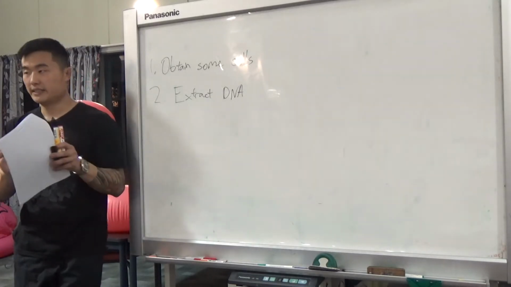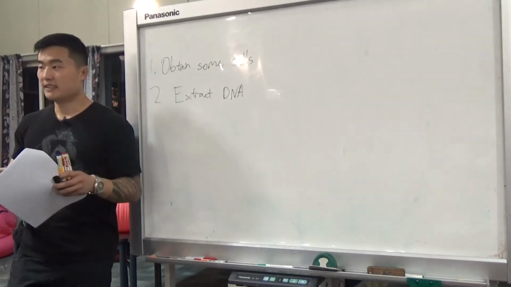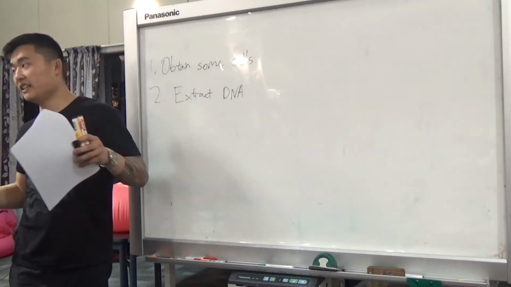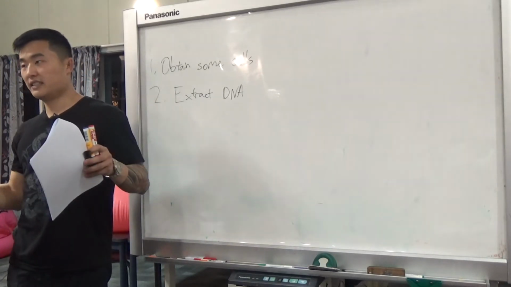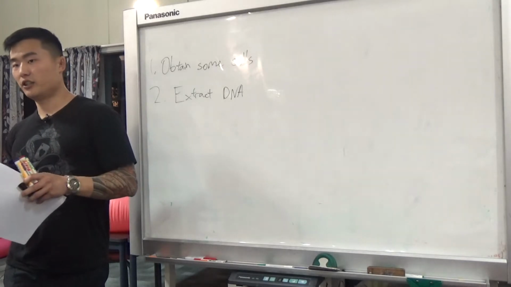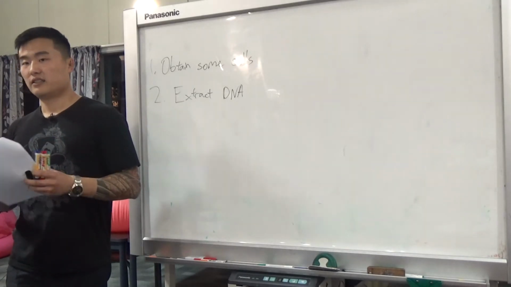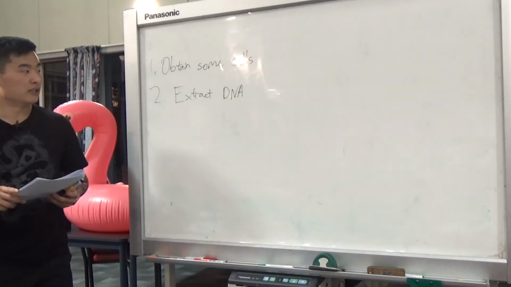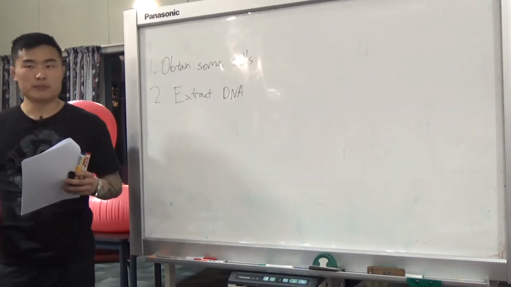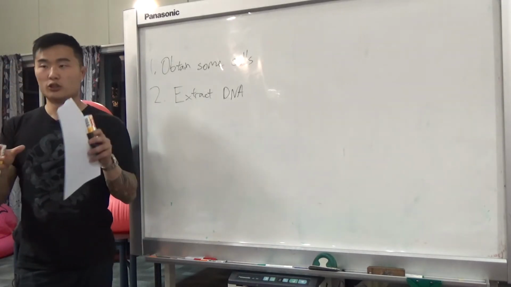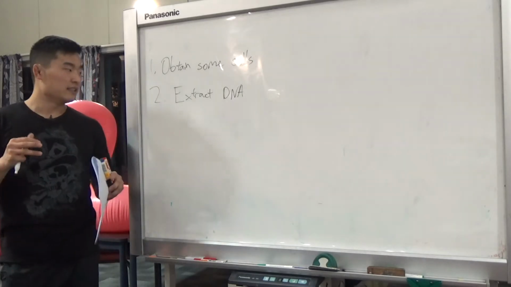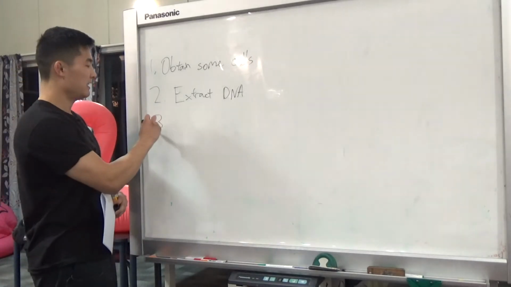Remember that you have 6 billion base pairs in your DNA, and the gene that you're trying to analyze is only a small part of that. Okay, so you need to get many more copies of that small area of interest. And how are we going to do that?